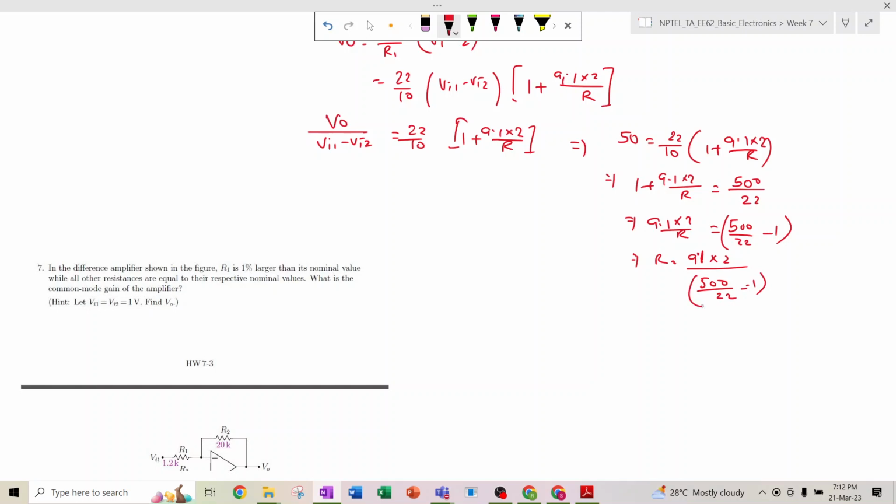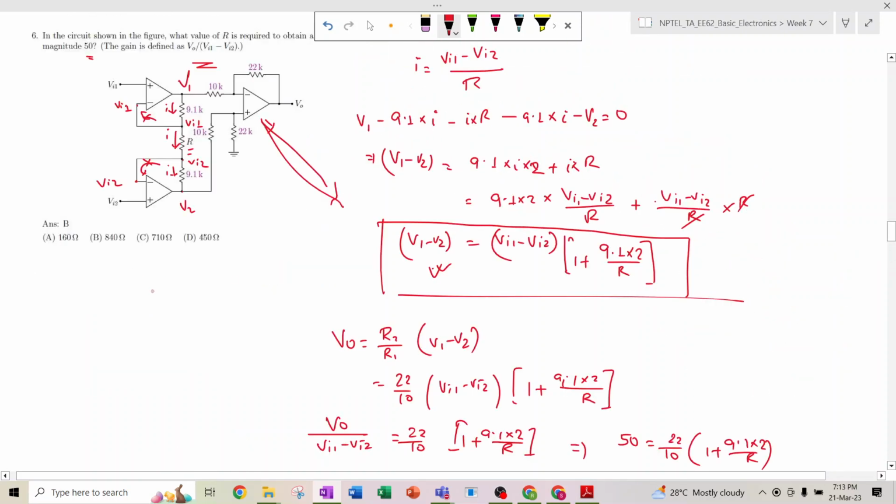So what is the value? Let's see. It will be 500 divided by 22, minus 1, into 2, so R will be 0.837 kilo ohm, that means 837 ohm.